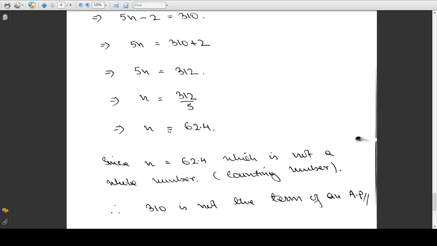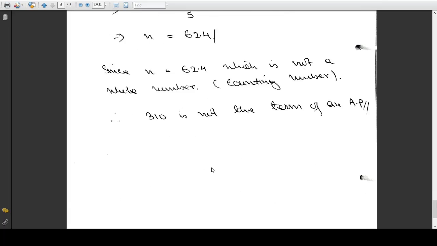If you are getting the value of n as a whole number, a counting number, then you can say that yes, it is a term of the AP. 310 is a term of the AP. But since you are getting a fraction like this, or if you divide, you will get a decimal like this, this means it's not a term of the AP, since the number of terms should always be a counting number. Okay.